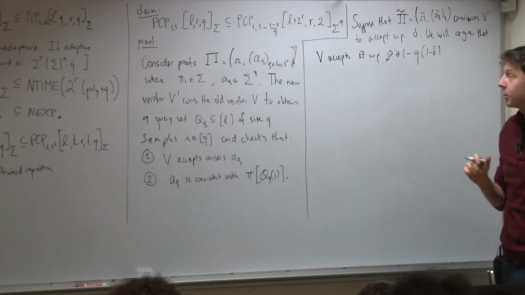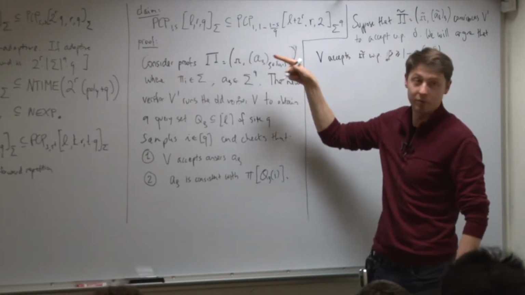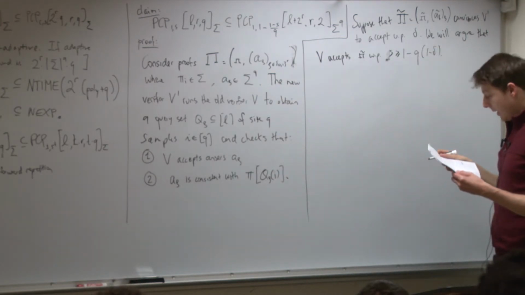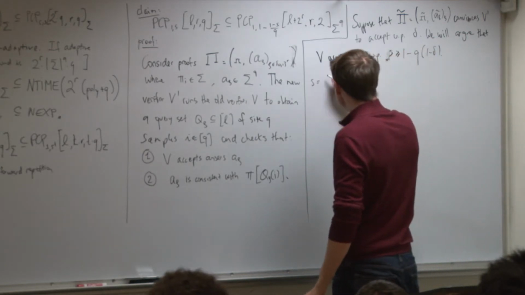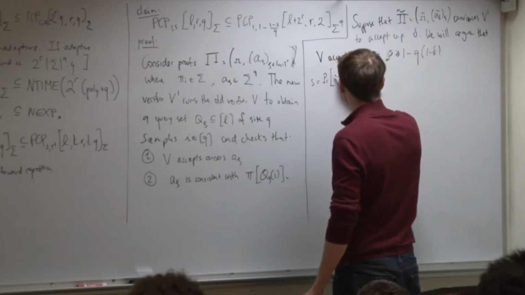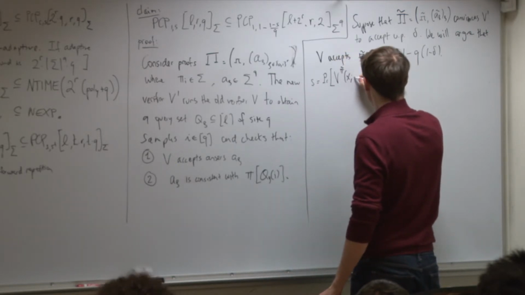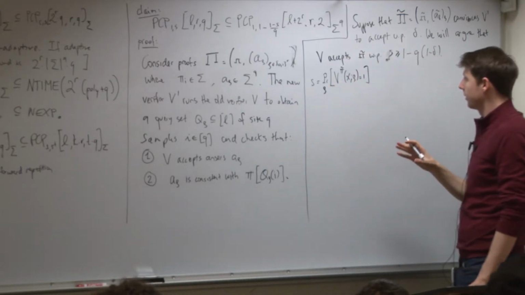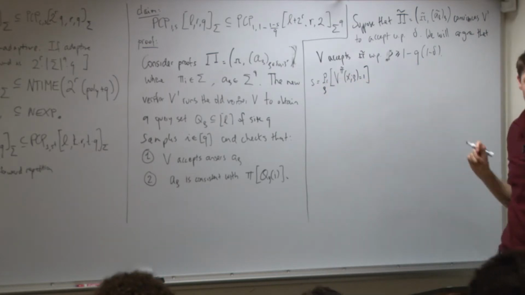This is just when you set these two things equal, call this delta, and solve for S. Okay, so let's just show that. S is the probability that V pi tilde on x and rho equals 1. This is what that is. We need to show that S is at least this much.